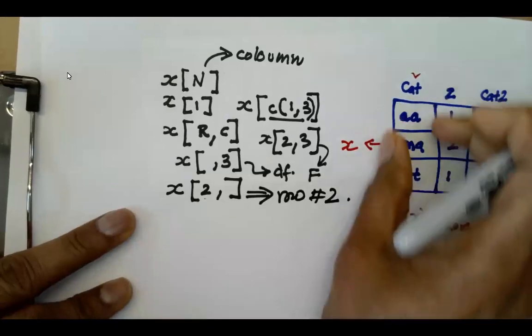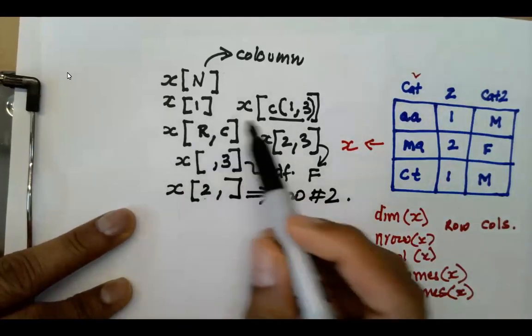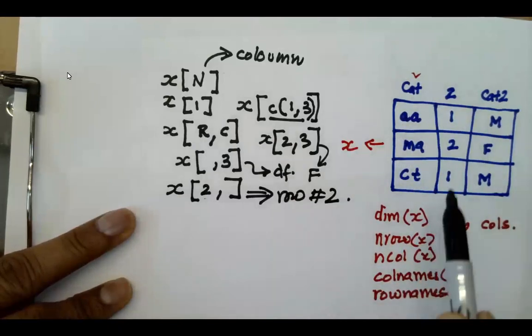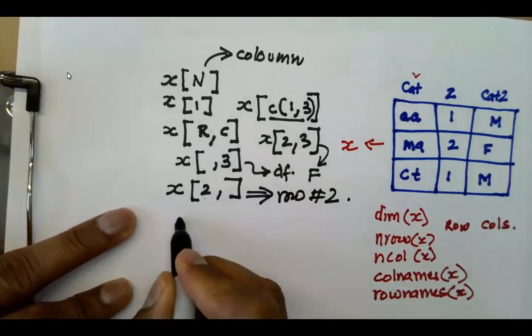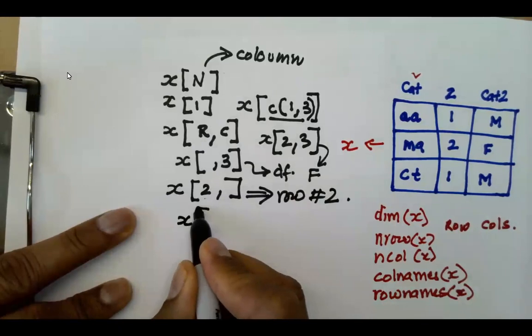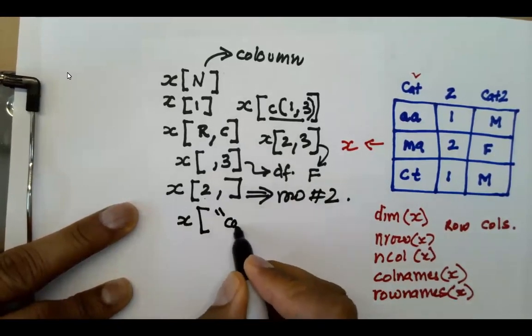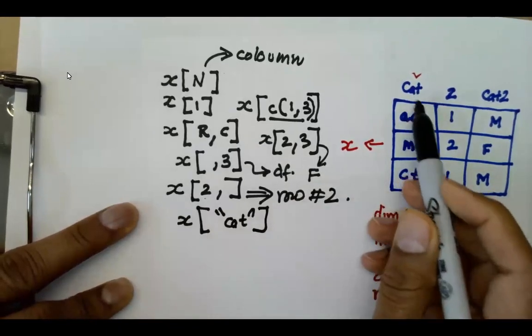You can also pick up columns by name. If you don't know the numbers but you know the column names, the data frame can also be subset based on the column names. The way it is done is X, and then inside it you can have the column name, let's say cat, like this. Then we are specifically picking up the cat column.